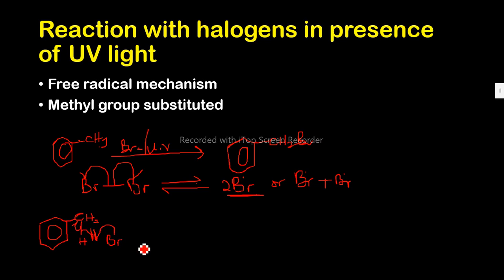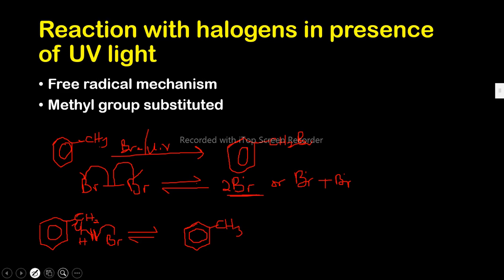And so what shall we form? We shall form our phenyl methyl radical. This is our phenyl group, and the group is attached on the methyl radical. So that's why it is phenyl methyl radical.